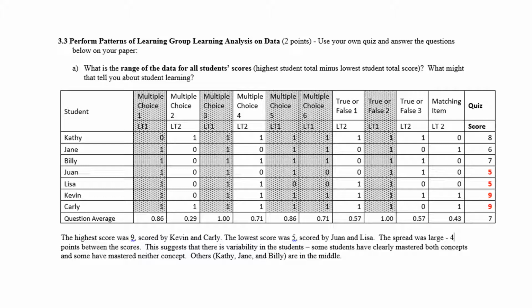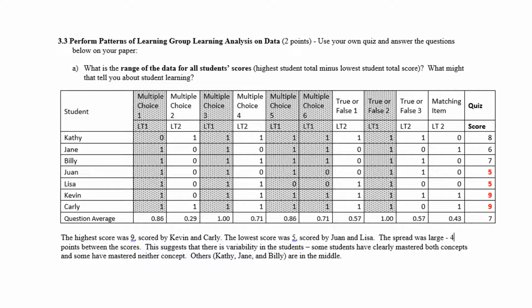Well, if you had all the student scores clustered around similar scores, so if most students scored 7 or 8, we'd say there's not much variability in scores. And if you have some students that are high and some students that are low, there is variability.